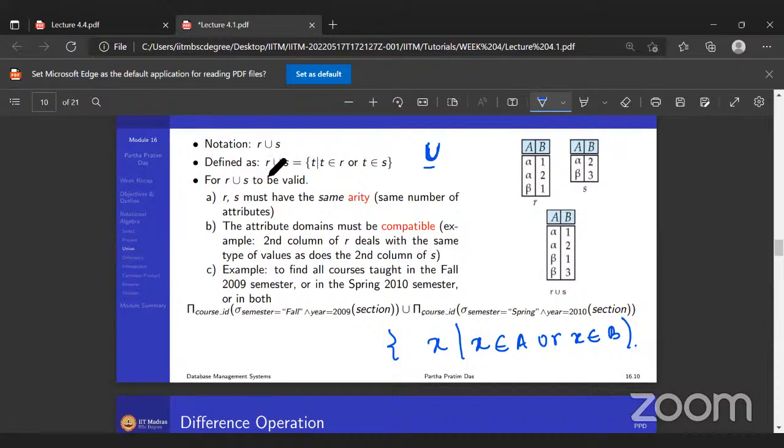So you can see this operation R union S means we take all the tuples such that tuple T belongs to either R or S, whichever. Okay. So can anyone tell, suppose R union S, what will be the output?